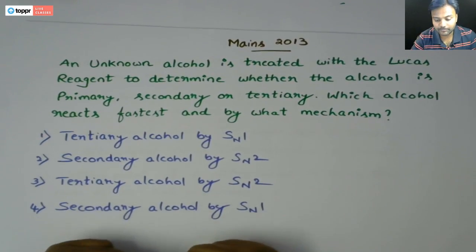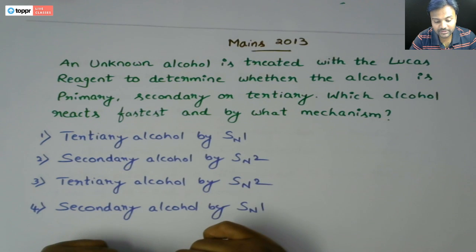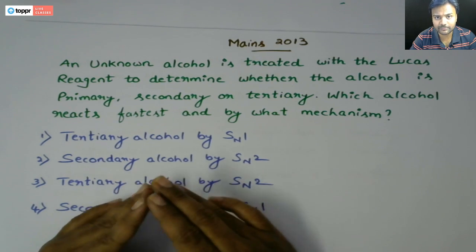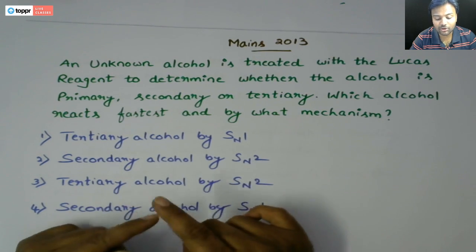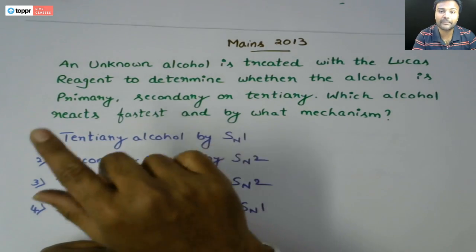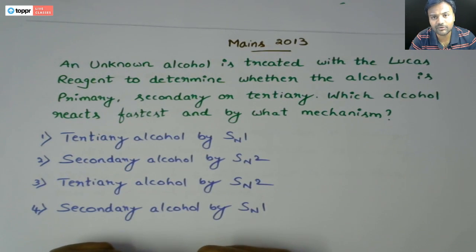A question in Main 2013. An unknown alcohol is treated with Lucas reagent to determine whether the alcohol is primary, secondary or tertiary. We know that, Lucas reagent is the chemical test used to distinguish primary, secondary and tertiary. Which alcohol reacts fastest and by what mechanism? Do you remember Lucas reagent? What is Lucas reagent?